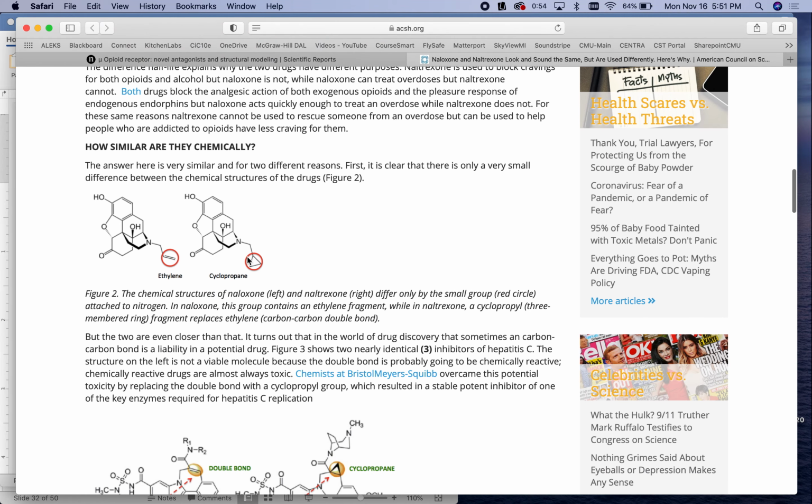All right, so again, this is the long-acting version, and this is the fast-acting one. And you look at these and say, well, the only group that's different, this is what we call a cyclopropane, a 3-carbon ring here. And then this one is ethylene, just a double bonded carbon-carbon.